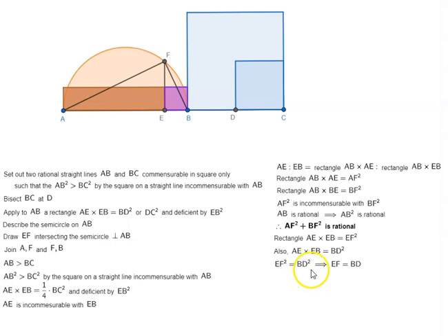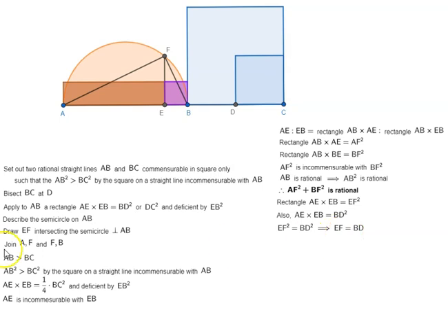So EF square equal to BD square, which basically implies EF is equal to BD. Since EF equal to BD, it means BC is equal to 2 times EF. Why? Because EF equal to BD and BD is half of BC. So that means BC is 2 times EF.